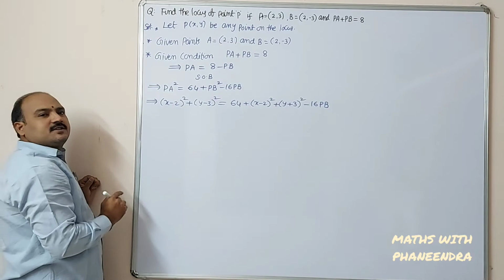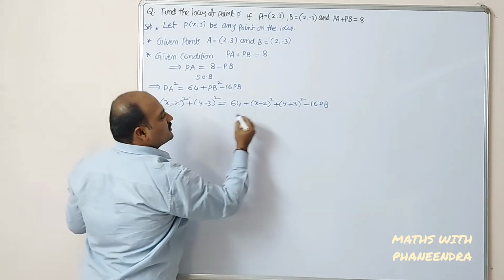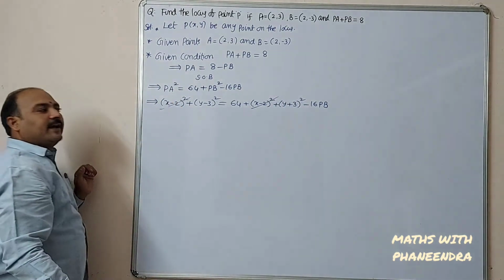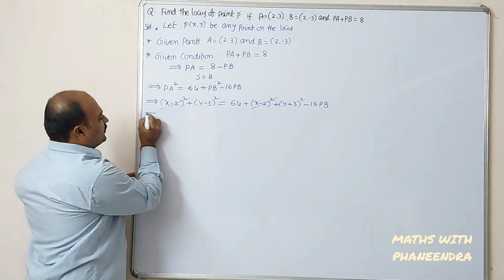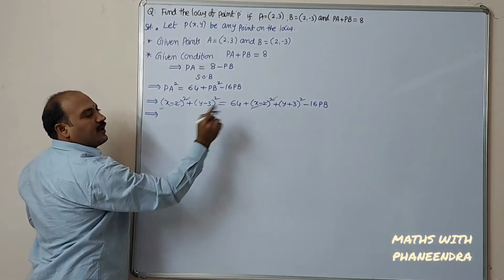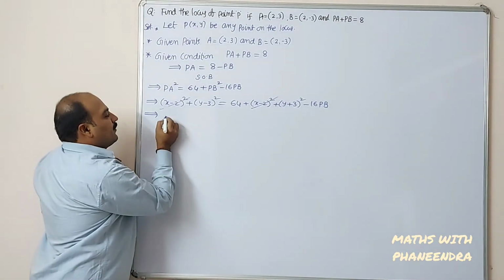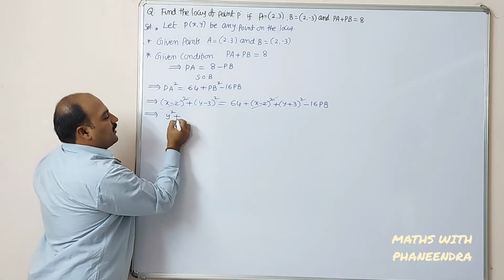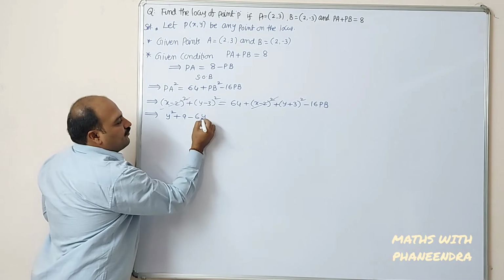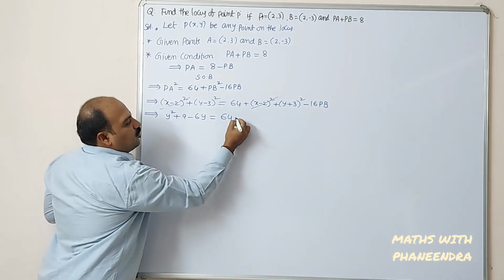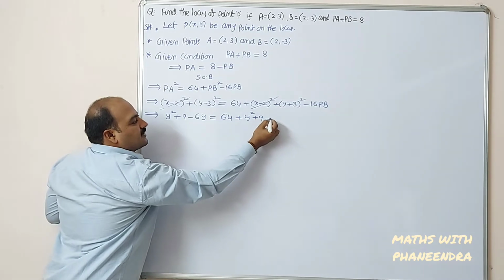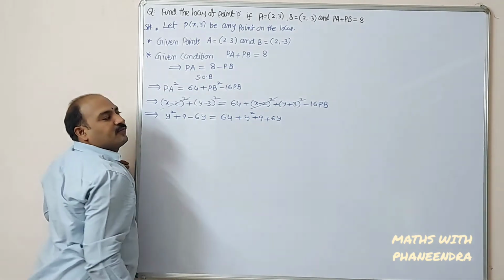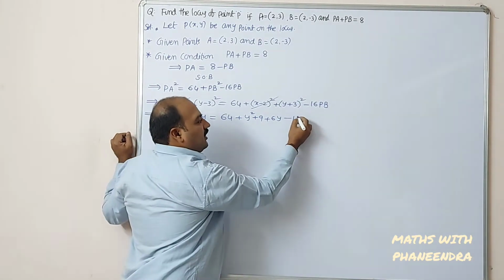So on both sides, (x minus 2) whole square you can cancel. After that, expand (y minus 3) whole square and (y plus 3) whole square. y square plus 9 minus 6y is equal to 64 plus (a plus b) whole square, y square plus 9 plus 6y, minus 16 PB.